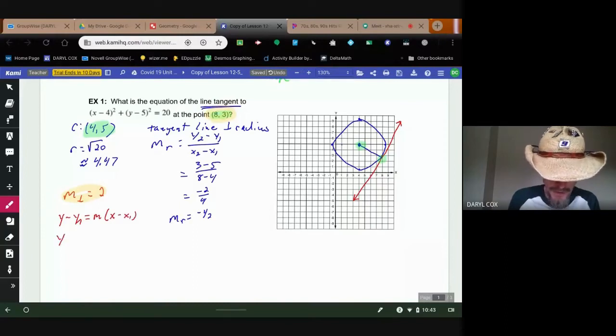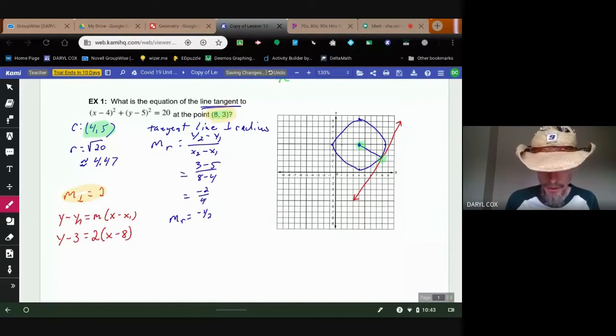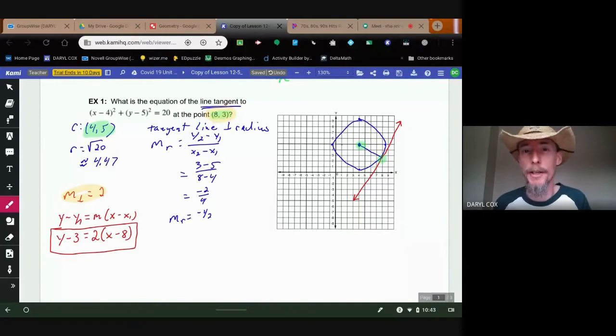So that's y minus 3 equals my slope 2 times x minus 8. They didn't say put this in any particular form. Because I tend to make a lot of mistakes, which you guys have seen in some of these videos, I'm going to keep myself from making any algebra mistakes and leave it just like that. There's the equation of the line. Okay. So that's how these are done.